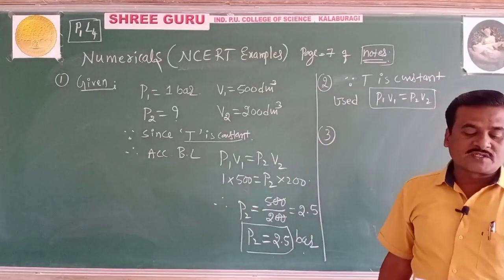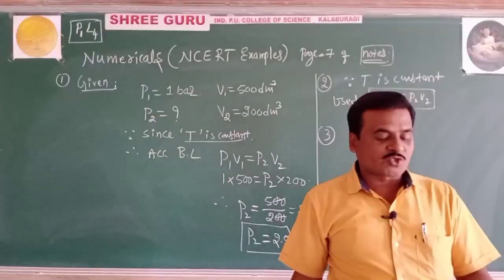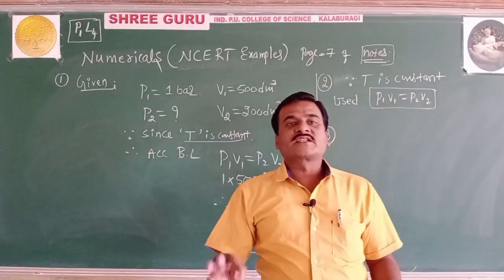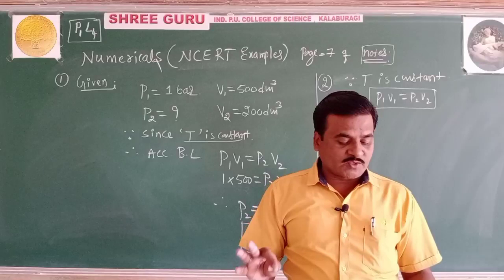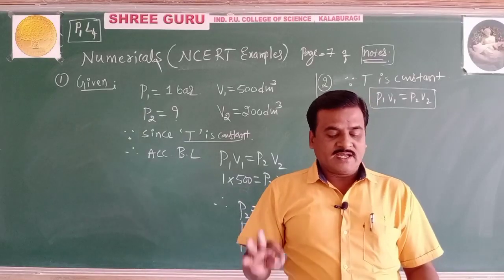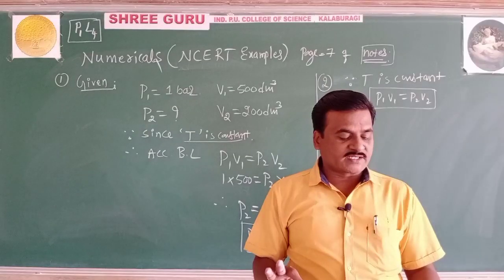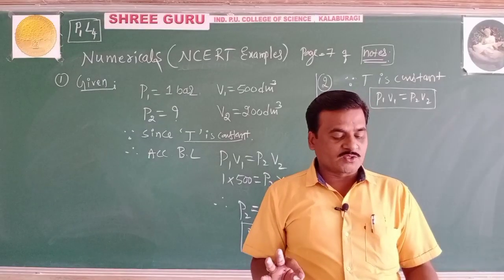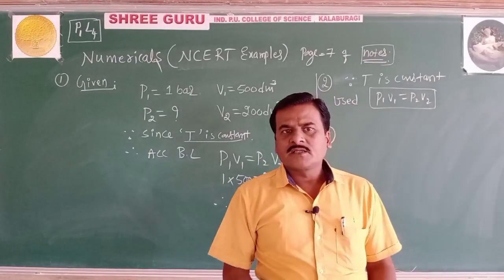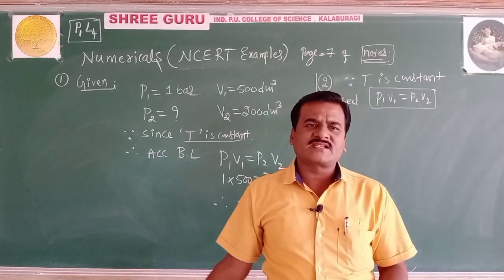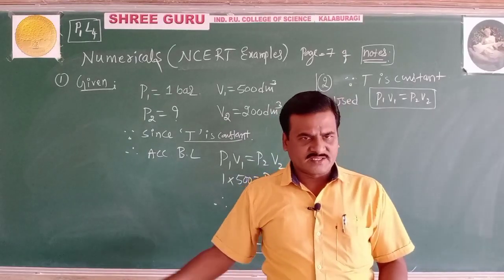What is the third? Using the equation of state PV equals nRT, show that at a given temperature, the density of a gas is proportional to the pressure of the gas. We derived this in yesterday's class, in the previous video.